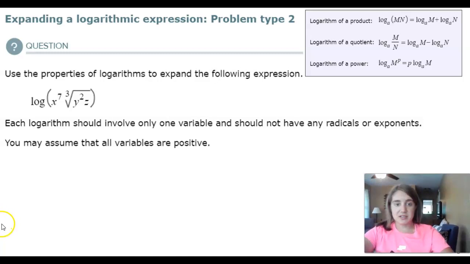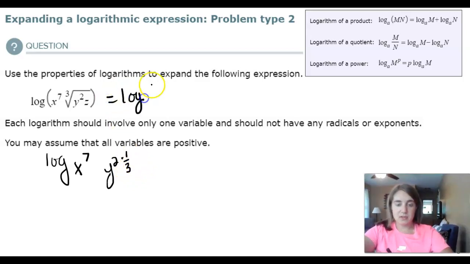So this is a little different. I'm going to go ahead and rewrite all of this. My x is to the 7th. I have y squared times 1, 6.